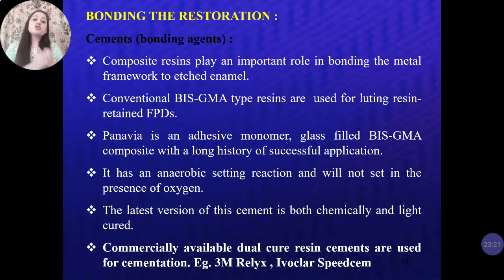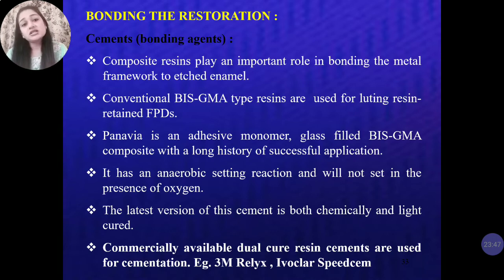The old version of Panavia was anaerobic, had an anaerobic setting reaction that will not set in the presence of oxygen. The latest version of Panavia is dual cure, that is, it is cured chemically and using ultraviolet light also.